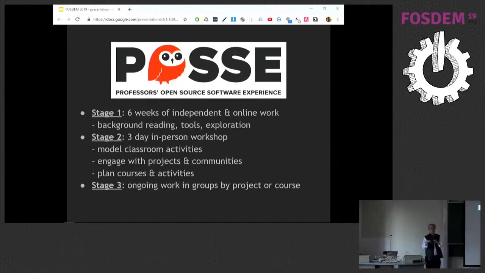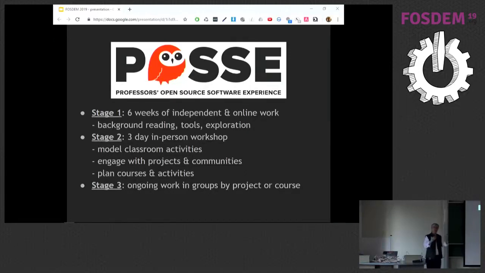We try to introduce them to tools like IRC and wikis. Then they come together for 3 days of intensive work, partly learning tools, partly connecting with communities, partly thinking about the pedagogy. How would I use this in my class? How do I get my students involved?